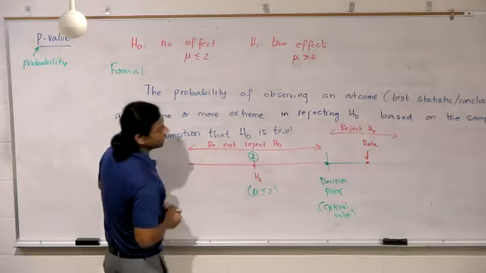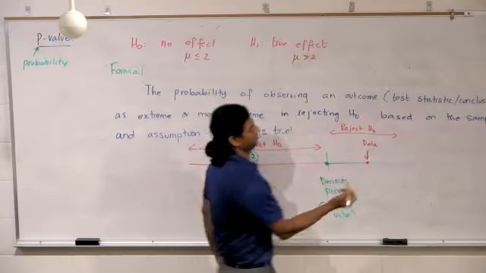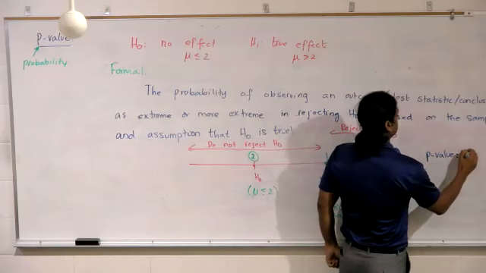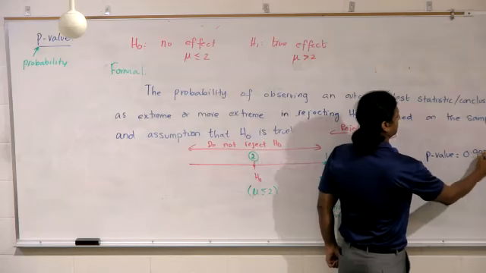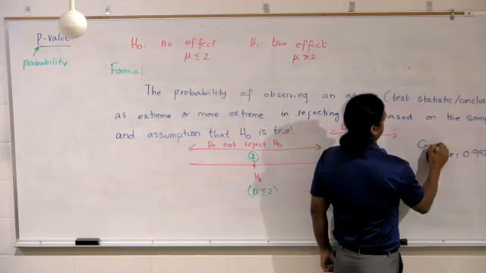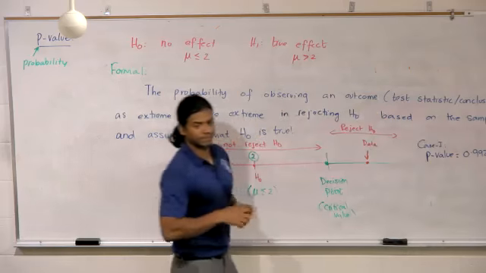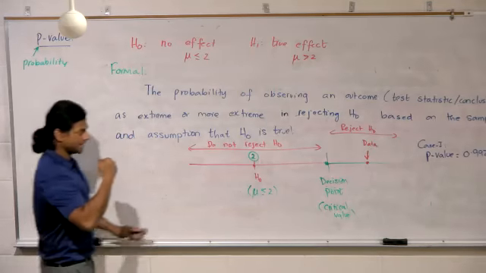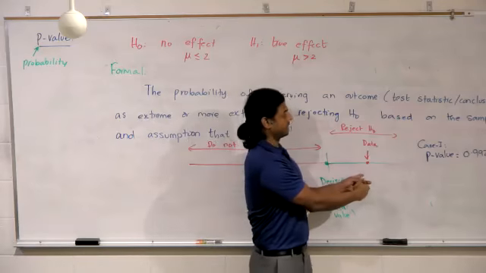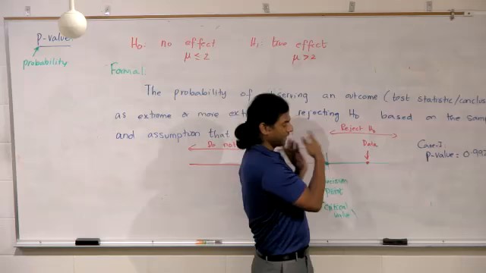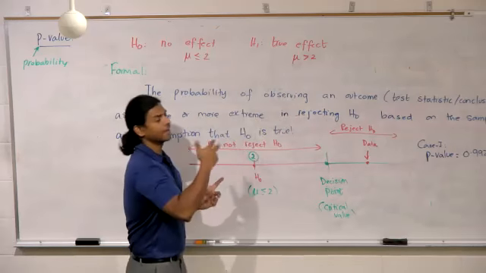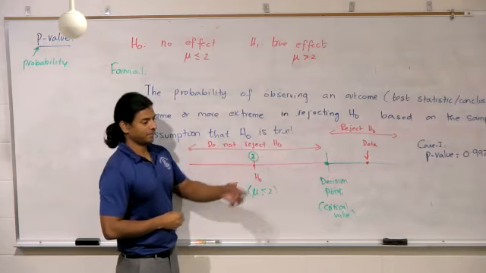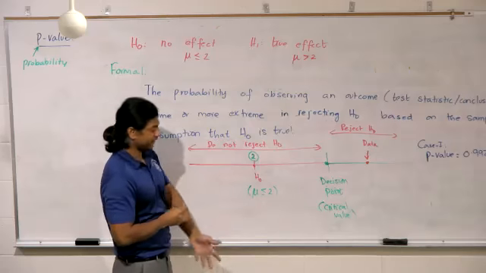Suppose this p-value happens to be 0.9922. Good. So the probability of me seeing a similar outcome, such as this one, would be 99.22%. Good, if it is extreme or more extreme.